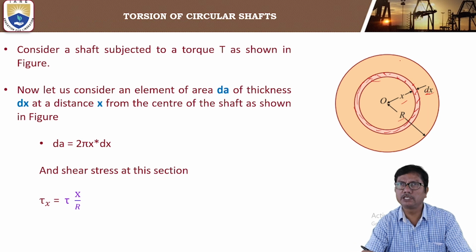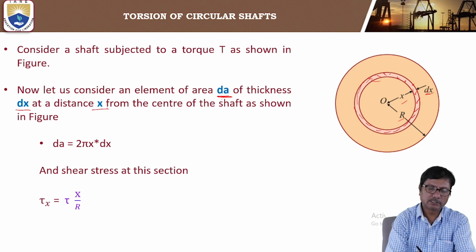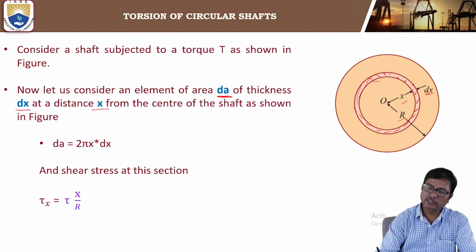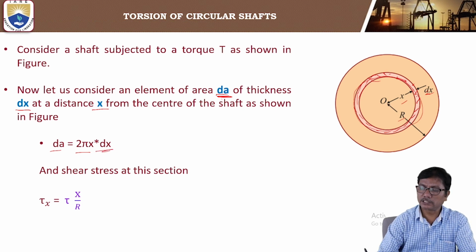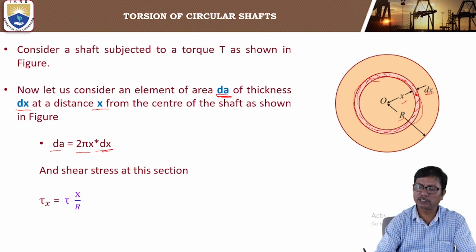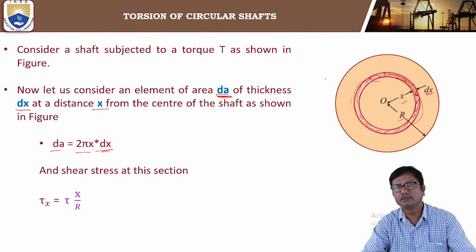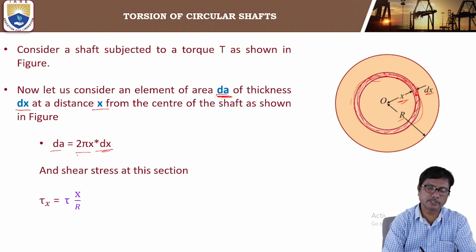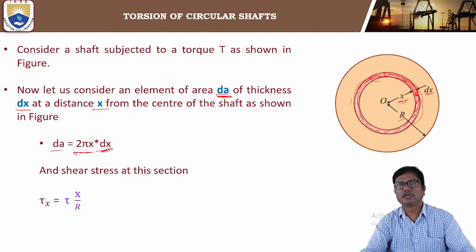The area of this ring, the elementary area, is given by 2 pi x, which is the length, multiplied by thickness dx. The length of this ring is nothing but the circumference, 2 pi x.